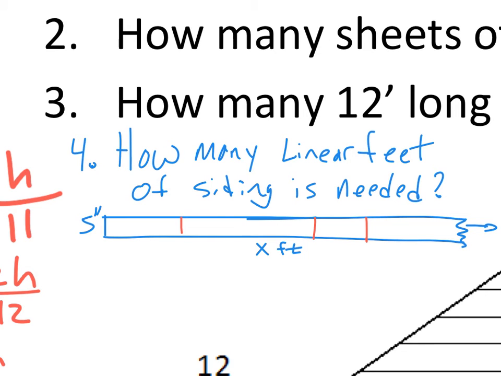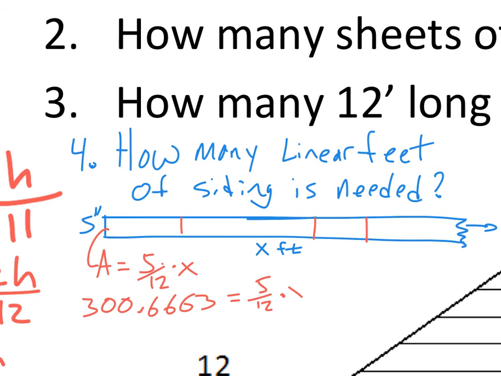And so the way we do this is we can say the area here is 5 times x, actually it's 5/12 times x square feet. Okay, so it's 5/12 feet, because I'm going to change it to feet, times x. Well, we need that to be equal to the area of the house. So we need 300.6663, it was, right? Equals 5/12 times x.